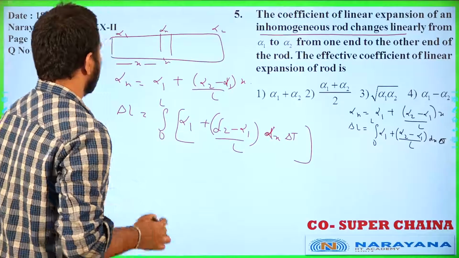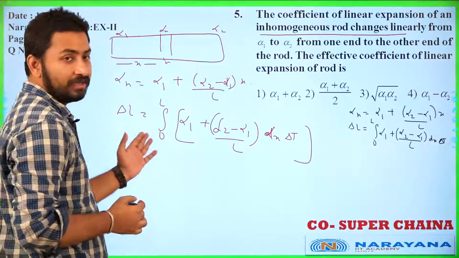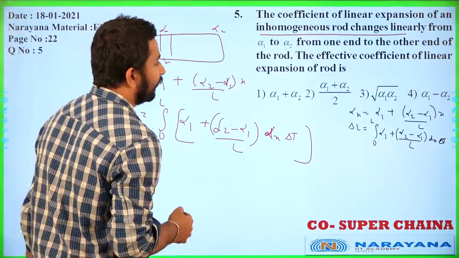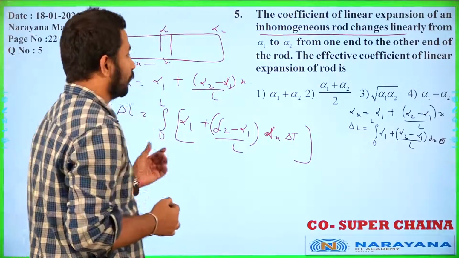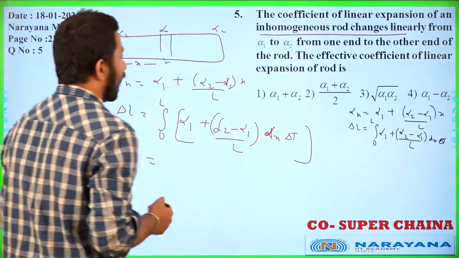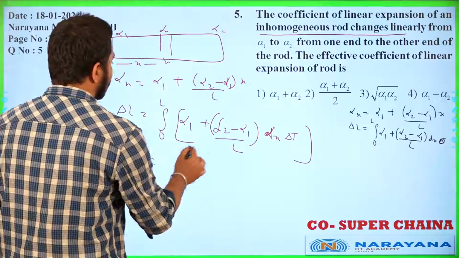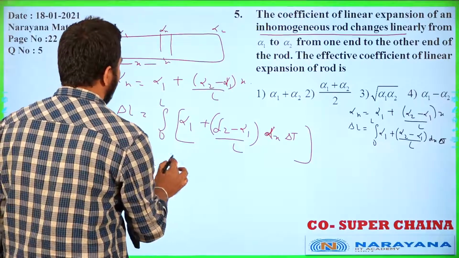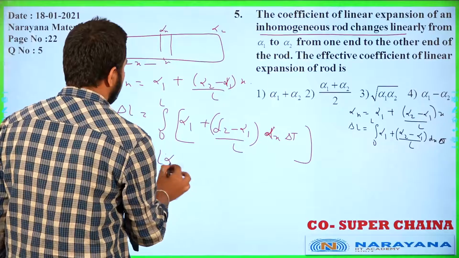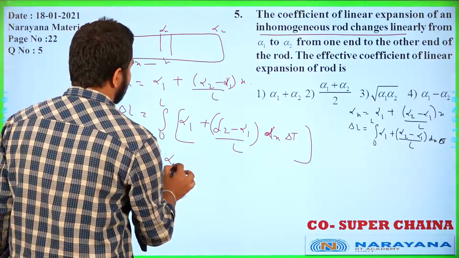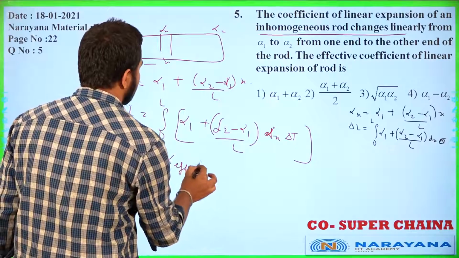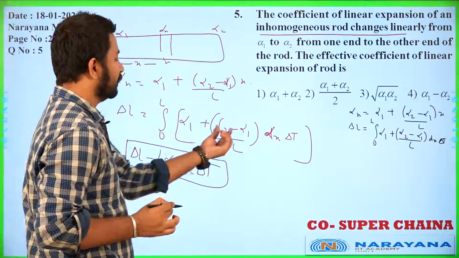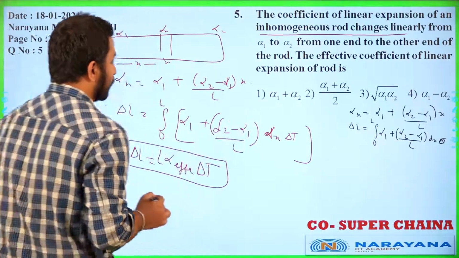So if you simplify this, delta L will be equal to L alpha effective delta T. This is what we can equate with. So whatever alpha effective will be coming from here is my final answer.